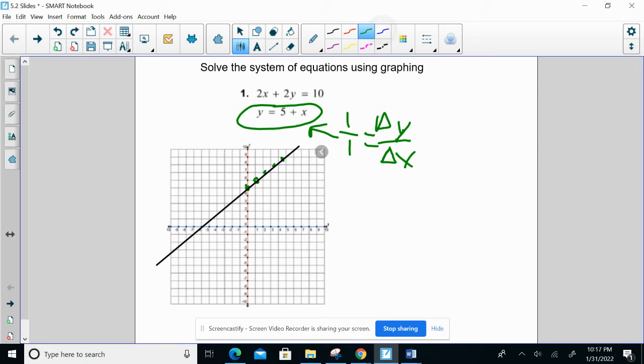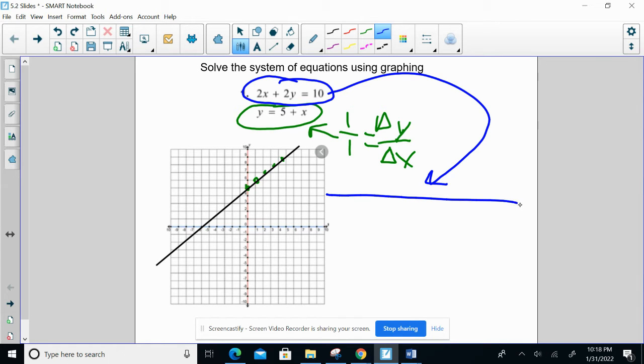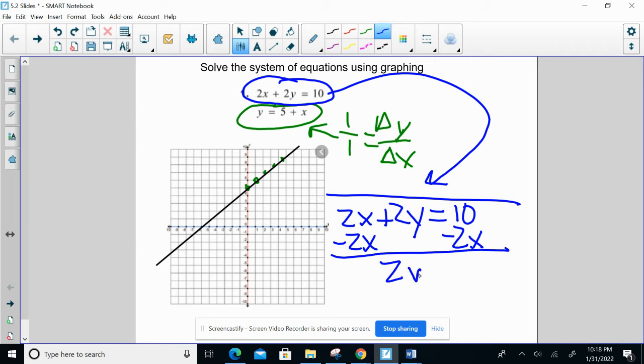All right, now this one, need to do a little rearranging here. Let's get y by itself. Can't really find the y-intercept or the slope until we take care of this.